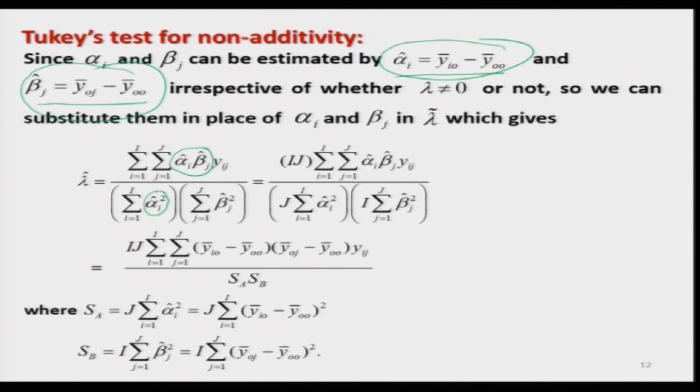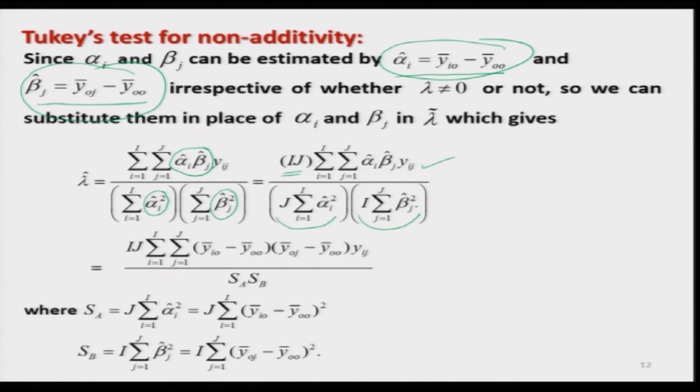So, we have summation alpha_i hat square, and similarly summation beta_j hat square, and I multiply and divide by the factor IJ in the numerator and denominator. So, I can write IJ here, and I club J with summation alpha_i square and I with summation beta_j square, right.